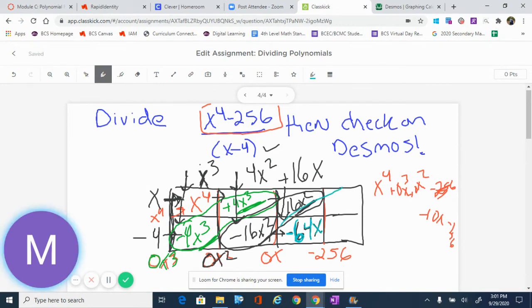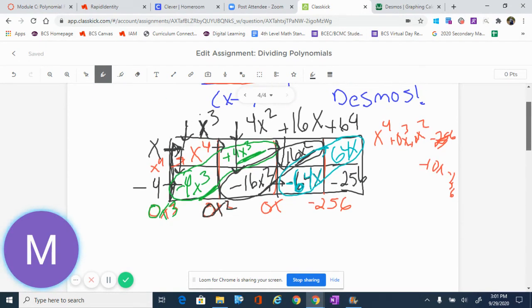What do I add to that negative 64x to make it a 0x? Well, it must be 64x. And then I say, what do I multiply by x to get 64x? Well, that's easy. I just multiply by 64. And I do 64 times negative 4, which is negative 256.